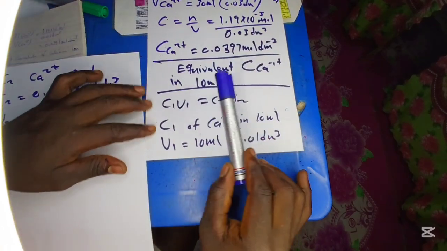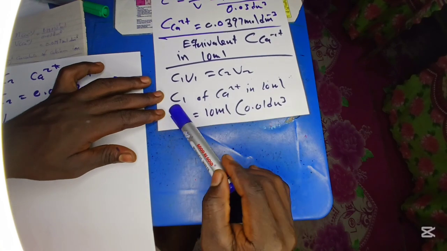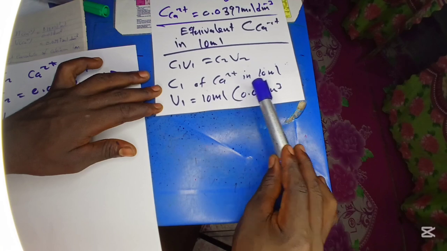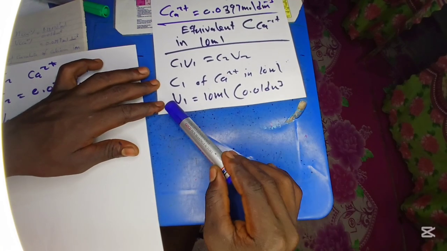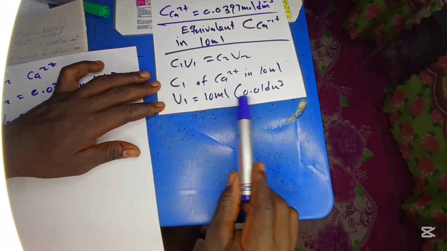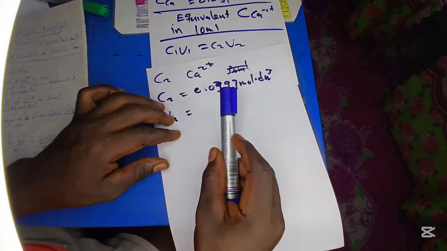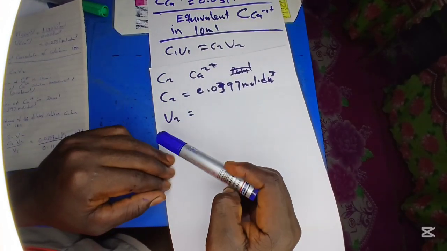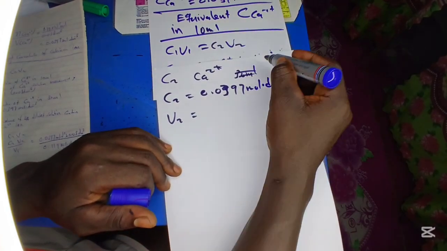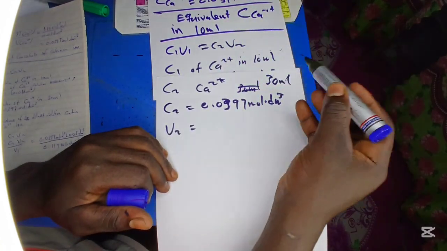So we now define C1V1 = C2V2. C1 is the concentration of Ca2+ in the 10 ml solution, and V1 is the volume of the solution that contains the Ca2+, which is 10 ml. The next thing we have to do is to define our C2 and V2. Our C2 is the concentration of Ca2+ in the whole mixture, the 30 ml, where we took the 10 ml of the prepared sample and 20 ml of water.